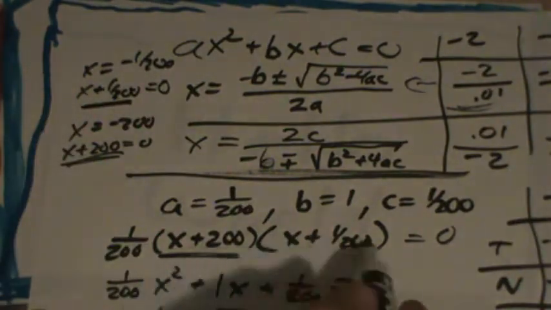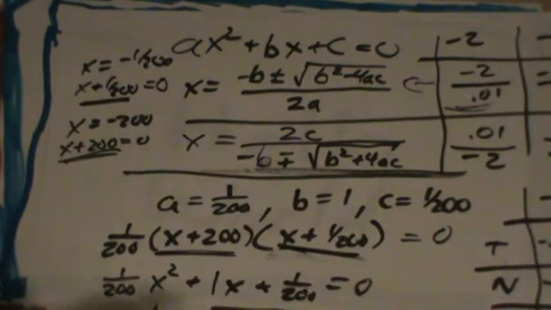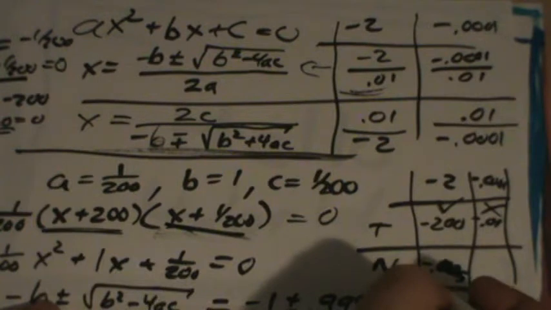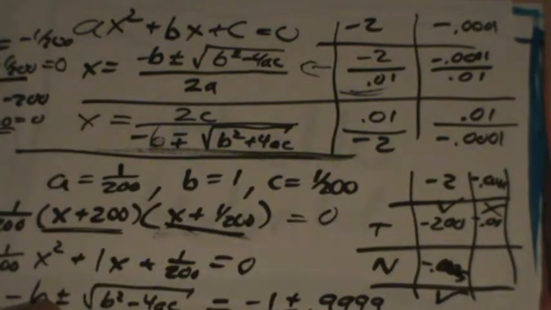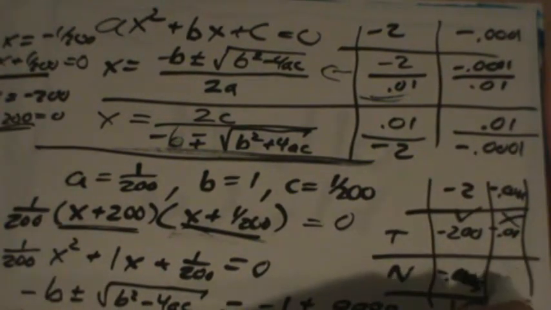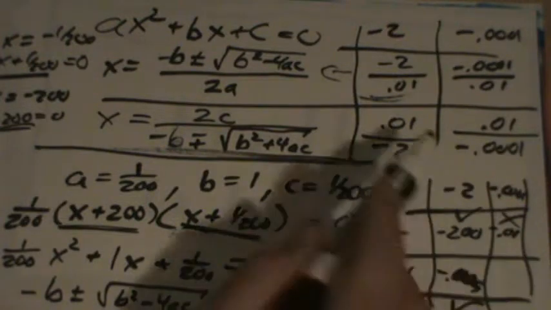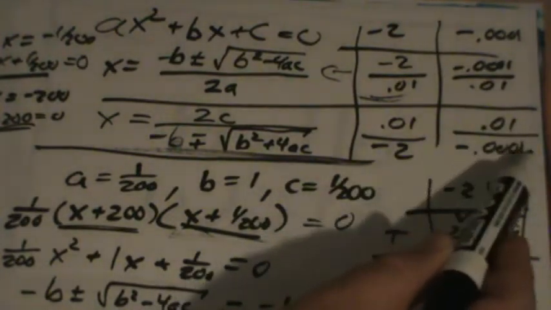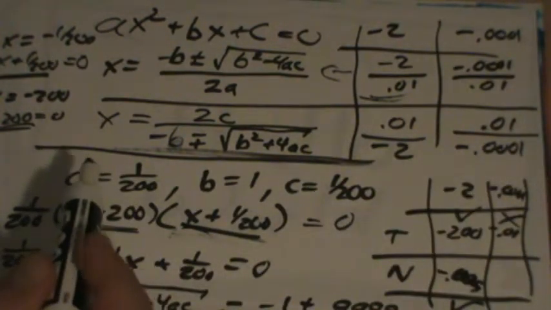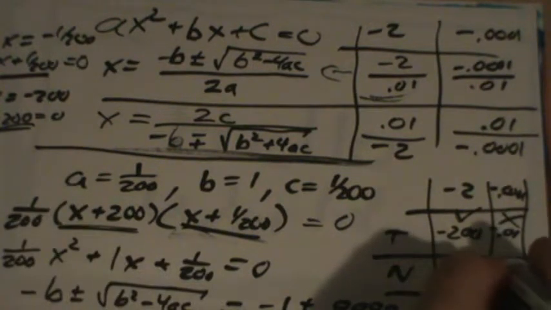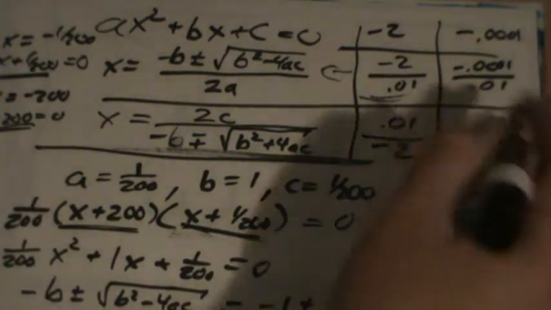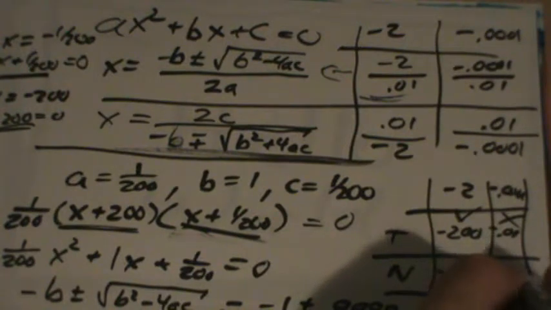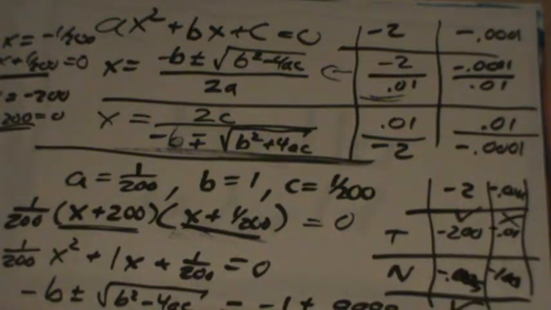X plus 1/200th, that's my root. So this one checked out wonderfully. Let's take a look at this one and see if it works well. 100th divided by a 10,000ths negative gives me minus 100. It's supposed to be minus 200. It got minus 100. That's horribly bad. Again, a factor of 2 off.